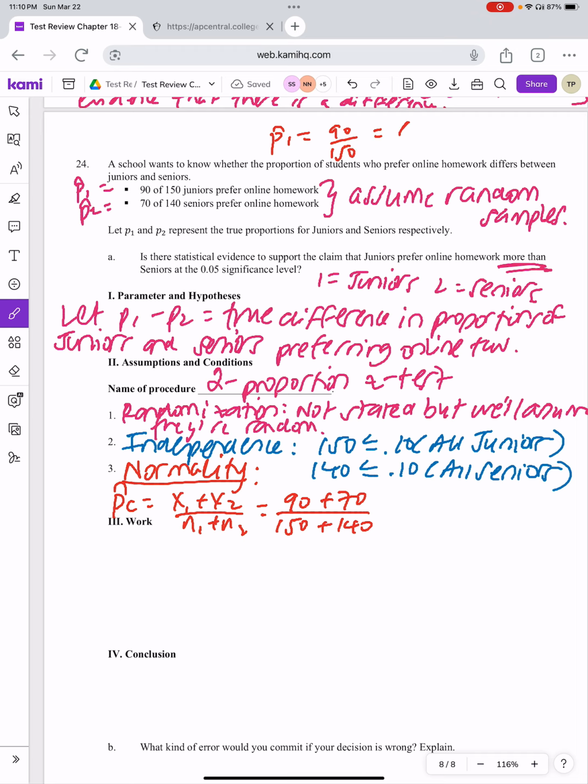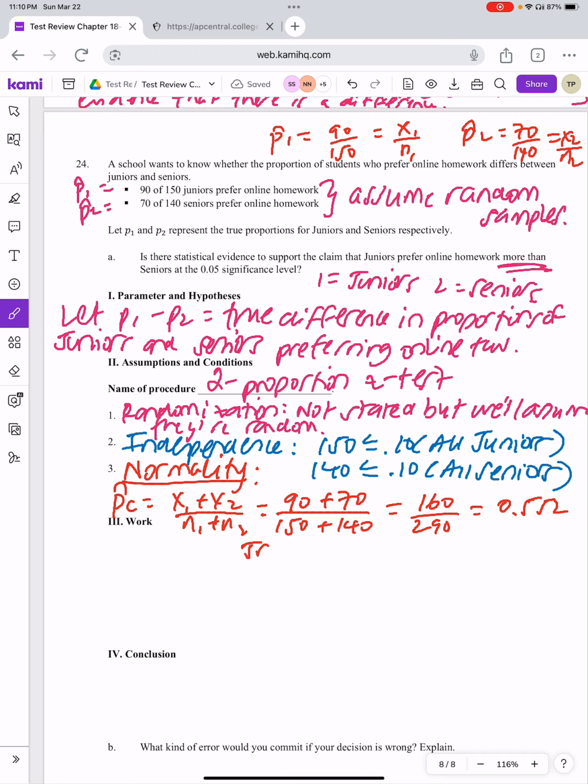That's always x1 over n1. And P hat 2 is 70 out of 140, which is x2 over n2. And if we do out the work, this should be 160 out of 290, which is 0.552.